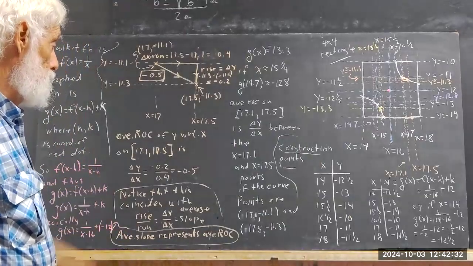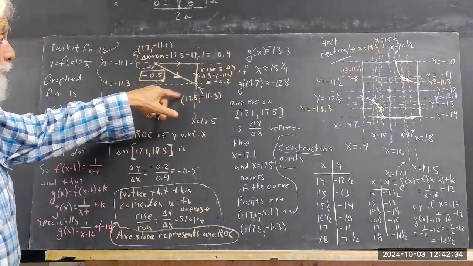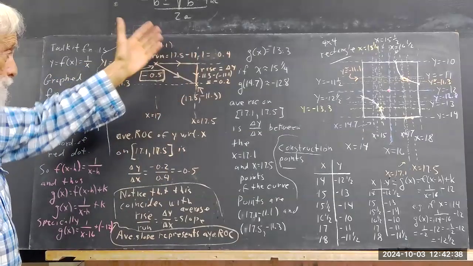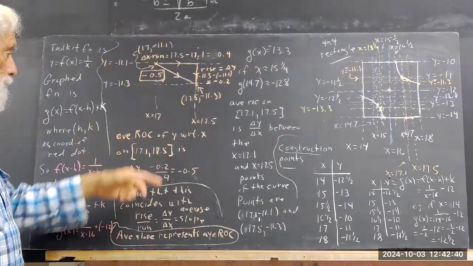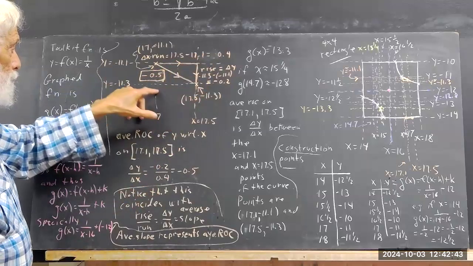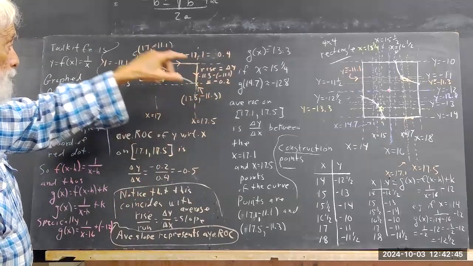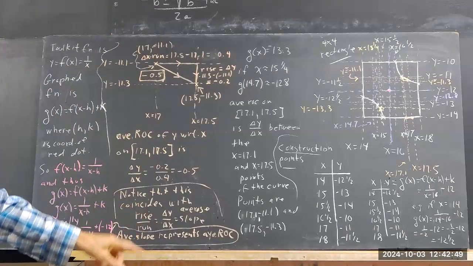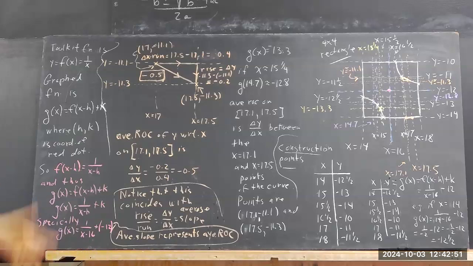So we ask for the average rate of change. We draw that same triangle bigger here, label the points, do the rise, do the run, and we get this average rate of change, which is delta y divided by delta x, which corresponds to rise divided by run, which is the same thing as the slope. Look at the video for more explanation.